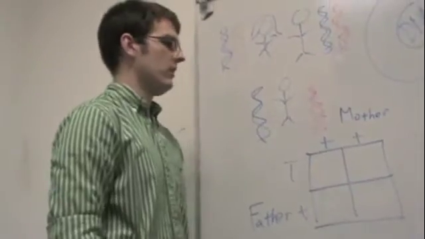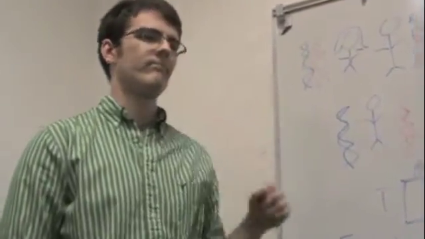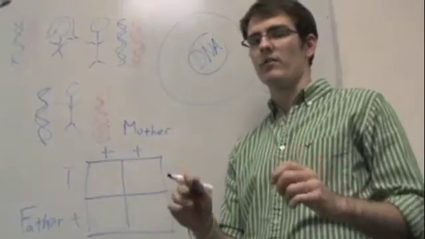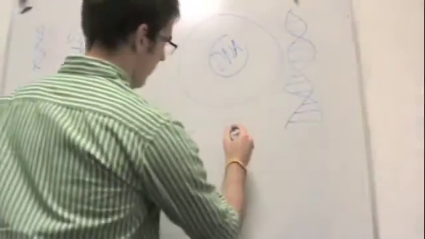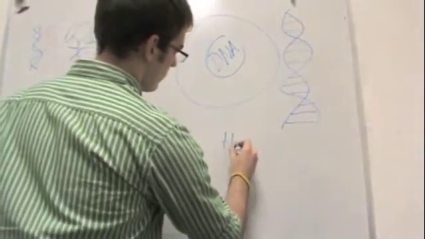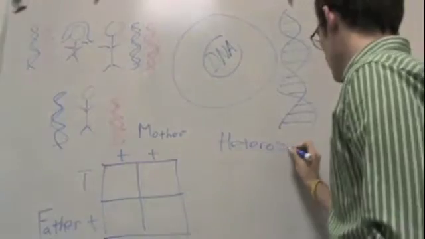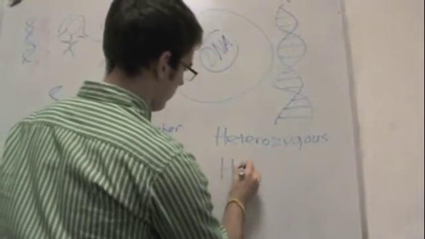Wait a second. Before I explain this to you, we need to go over some terms. Okay. So first of all, there are two different terms for this. They call it heterozygous and they also call it homozygous.